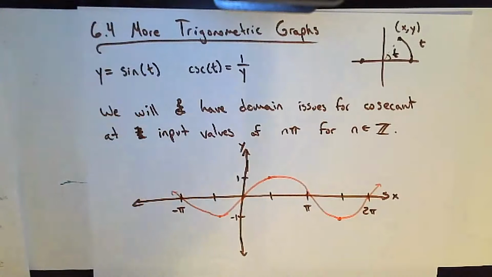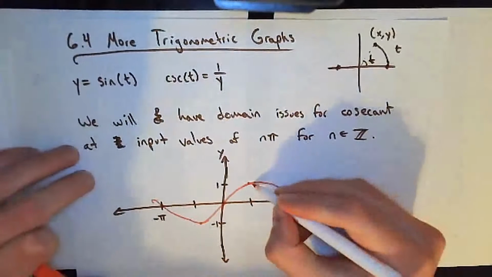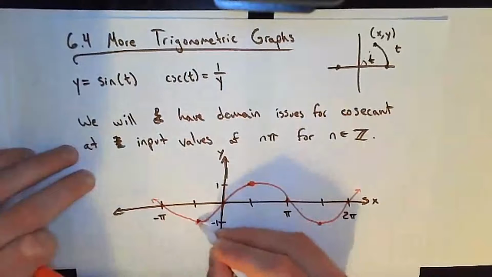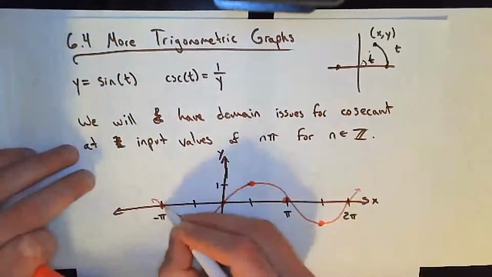Okay, so what is cosecant going to do here? Well, cosecant is supposed to be 1 over y, right? So, goodness, this really is terrible. Let me just emphasize where this thing is supposed to be crossing. All right.